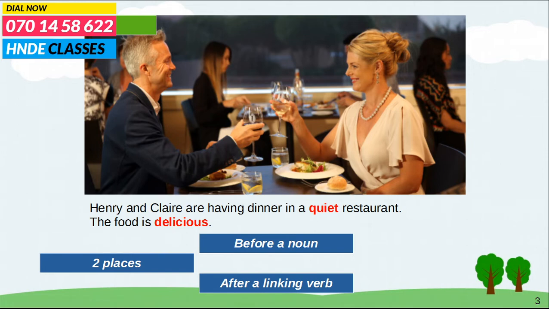We know the basic function of a verb is to express an action. But there are certain verbs which we call linking verbs whose main function is not to express an action.